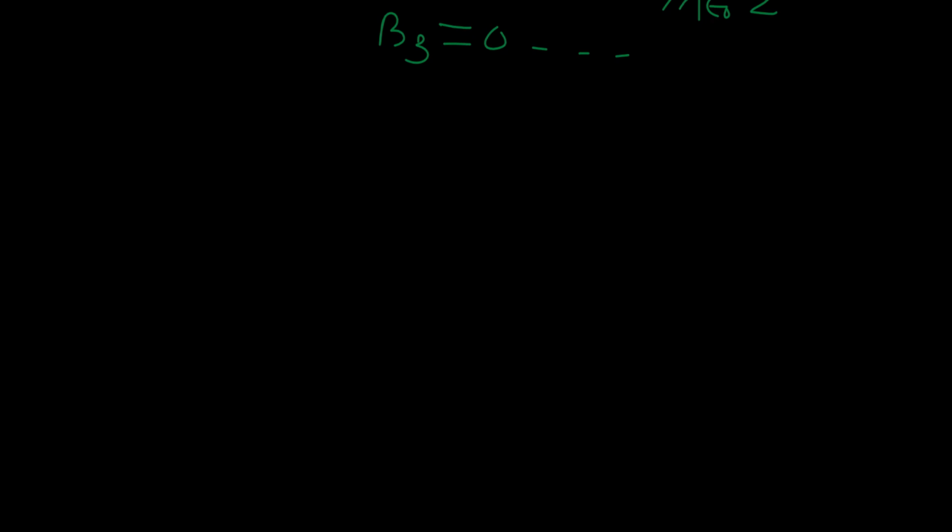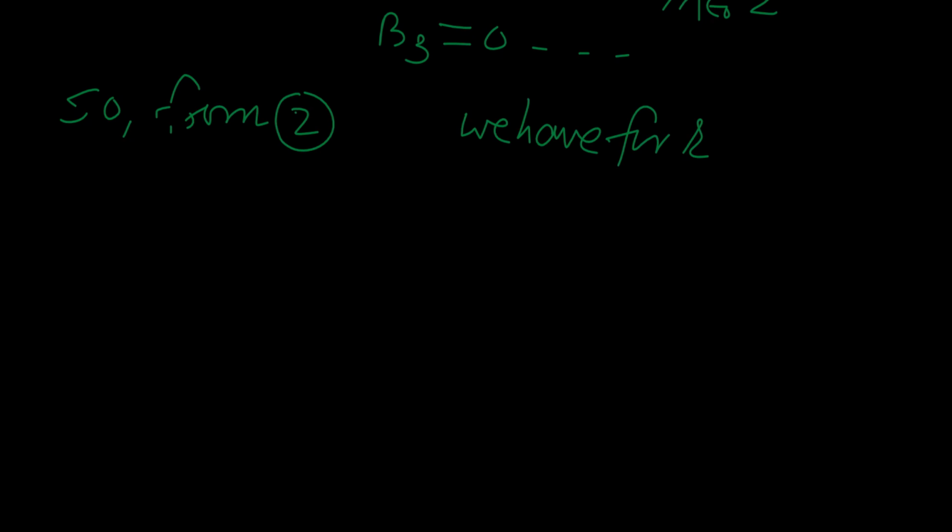So what will be our result? From 2 we have, for R greater than A, phi of R theta. Let us substitute all these values.